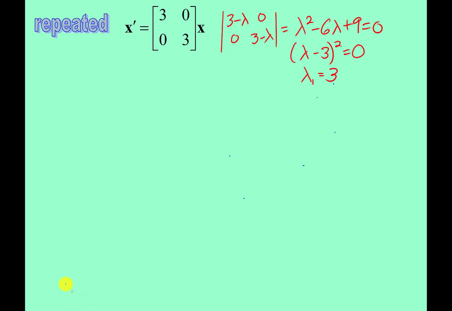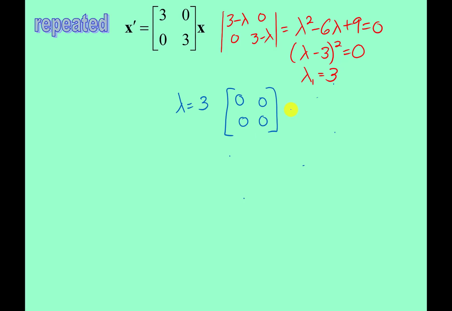So let's see what happens when we try to find an eigenvector. So our lambda is 3. Put that in. 3 minus 3 is 0, 0, 0, 0. What does that mean? That means that anything will work, because both v1 and v2 are free to be anything.